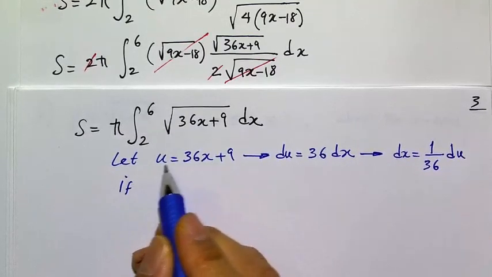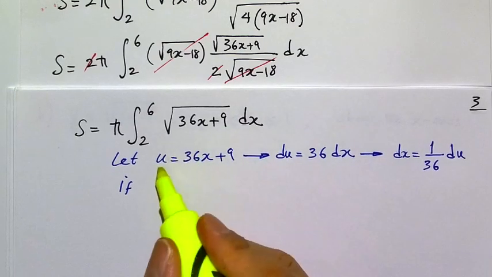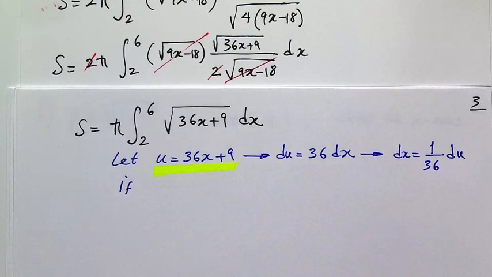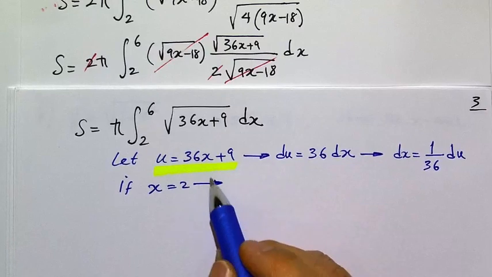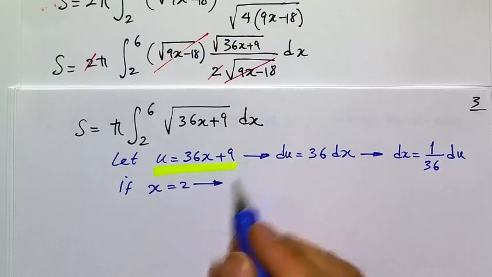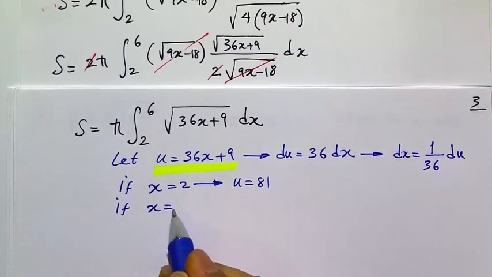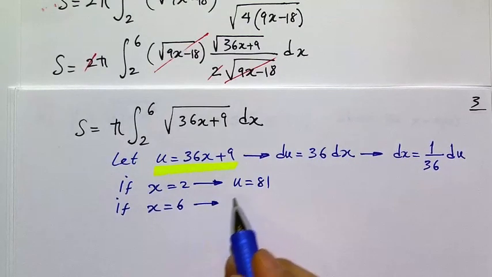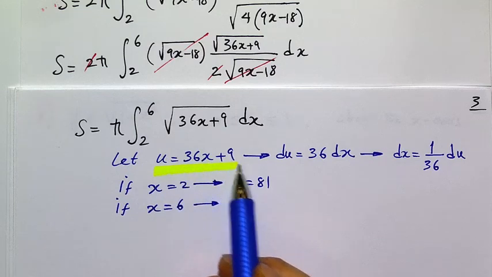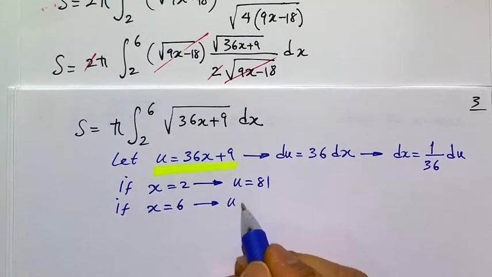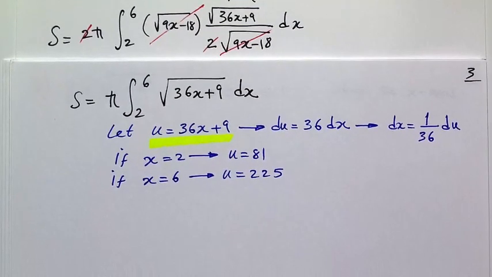In this equation, if x is equal to 2, we end up with 81. This is 72 plus 9. So u would be 81. If x equals 6, then 6 times 36, 216 plus 9, 225. So we have u equals 225.